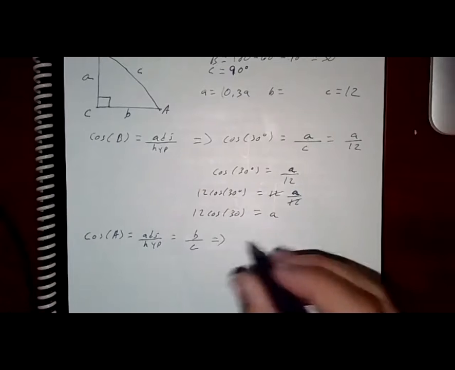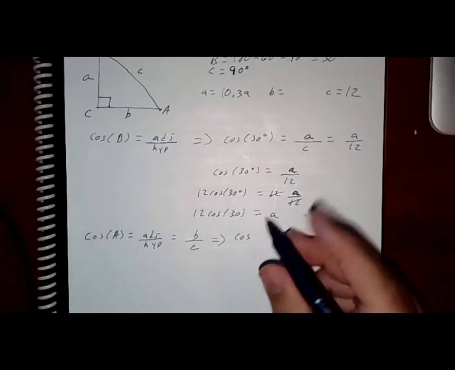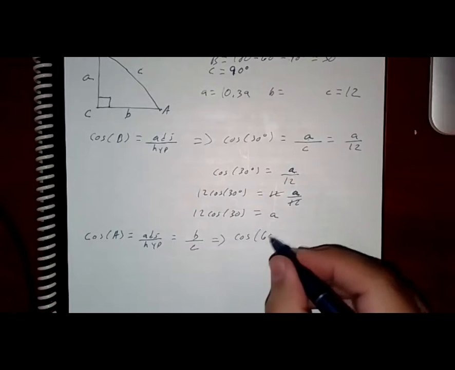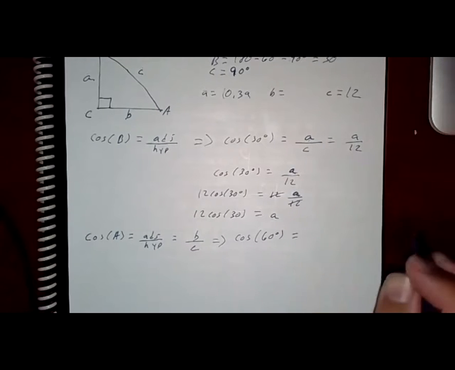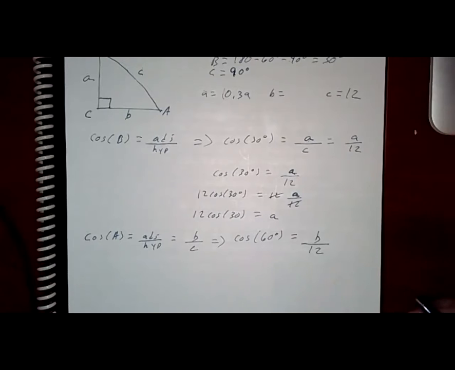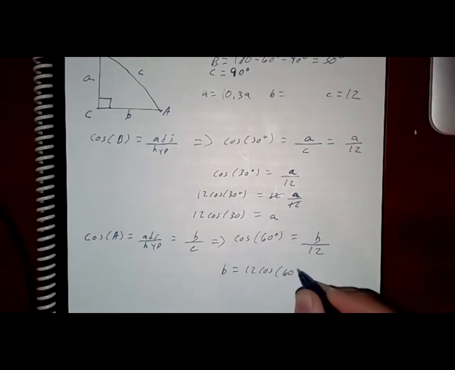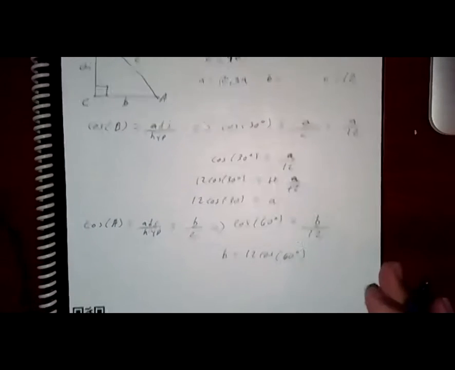So that means cosine of A, which is 60 degrees, is equal to the thing I'm looking for over 12. So multiply both sides by 12 and you'll end up solving for B equal to 12 cosine 60. I skipped an algebra step this time.